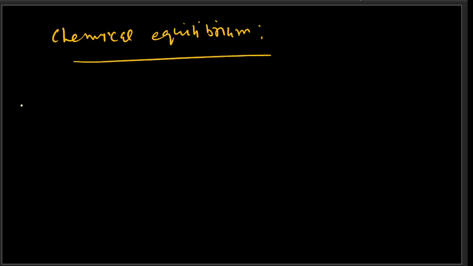So in terms of chemistry, the equilibrium that happens is what we call chemical equilibrium. Suppose N2 gas combines to give ammonia.